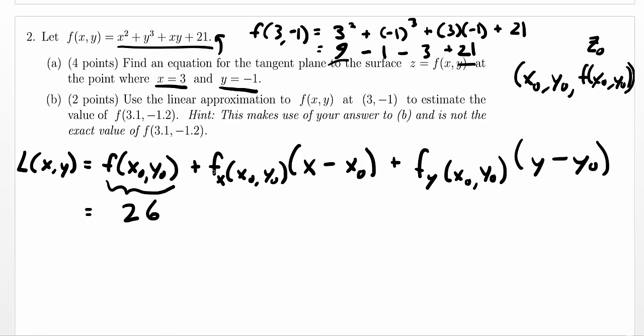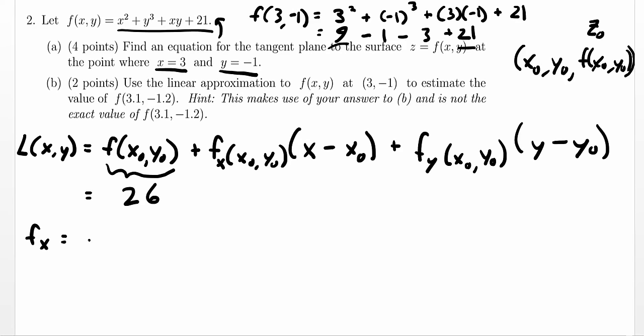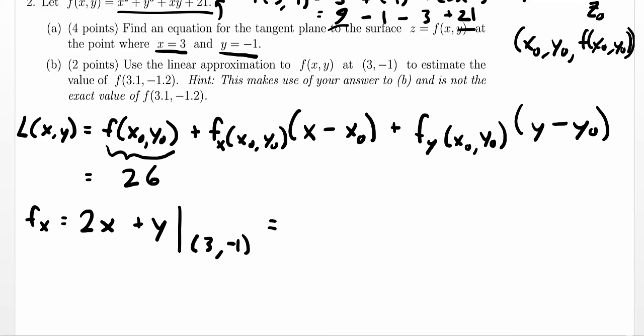Okay, now we're going to need the partial derivatives evaluated at that point. So let's find that. f sub x is 2x plus y, and we're going to evaluate it at the same point, 3, -1, which is 2 times 3 plus -1, which is 5.